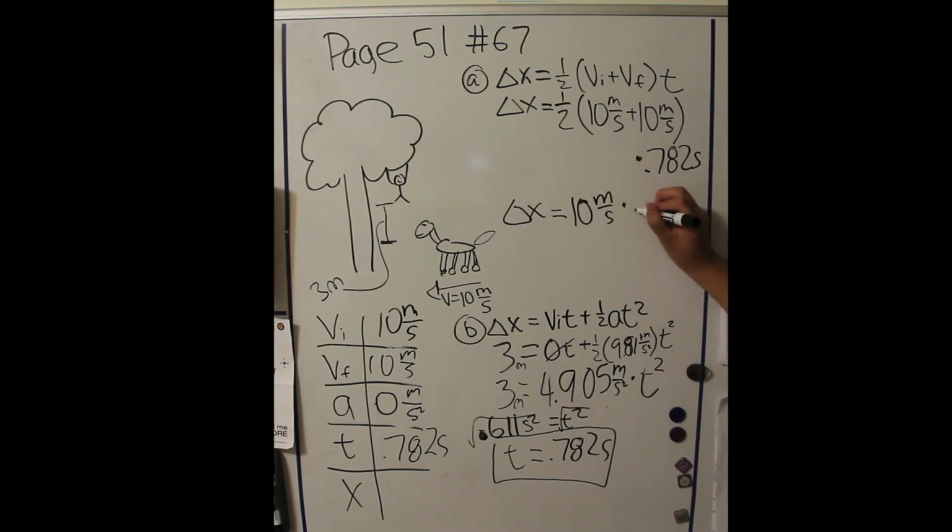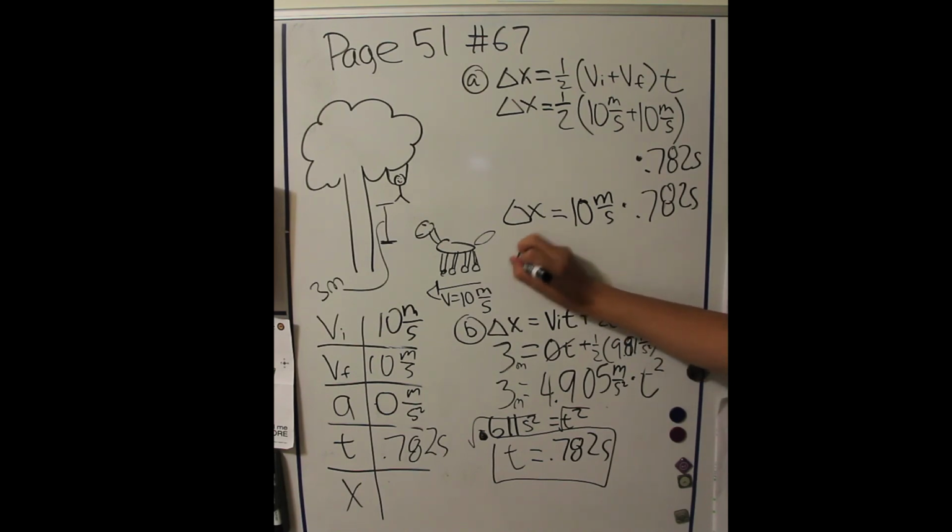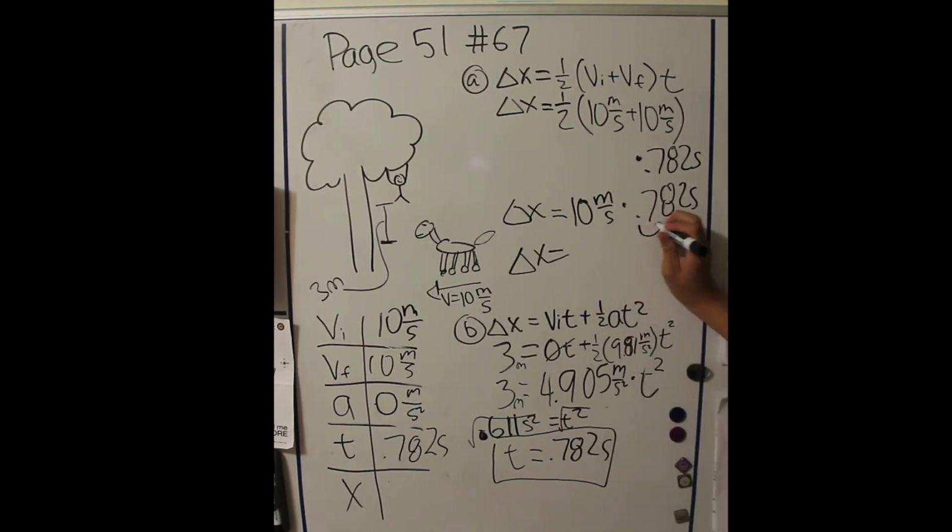Multiply that by 0.782 seconds. We're going to bring down change in x one more time to get the final answer for A. Because we're multiplying by 10, move the decimal place over 1. We have seconds up here, seconds down here, so we can cancel them. So we have 7.82 meters.